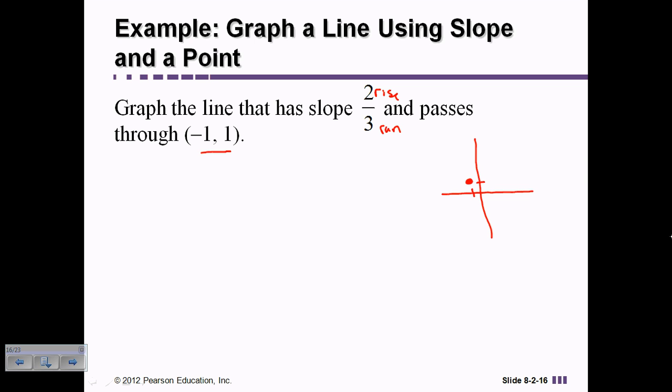And then from that point, we're going to go up 2, because the rise is 2, and we're going to run 3, so 1, 2, 3, and there's a new point on our graph. And then I can connect those together, and there's my graph.